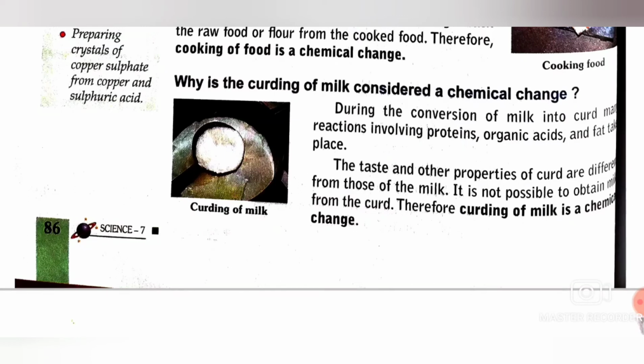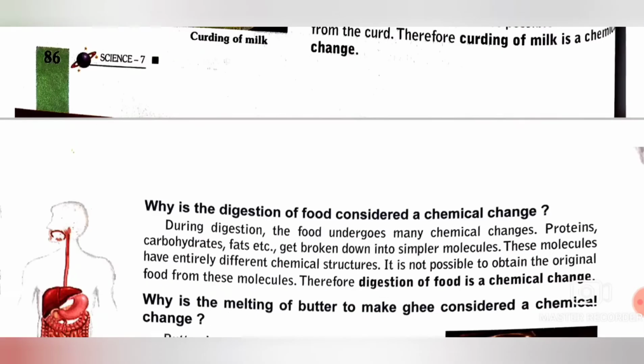Also their texture, যেটাকে দুটো দেখতেও কিন্তু আলাদা হয়, color এর কথা বলছি না, taste wise and texture wise। Milk is liquid, curd is not a liquid, it is a semi solid thing, and also it is not possible to get back milk from that curd. It is the main thing. So it is obviously a chemical change.